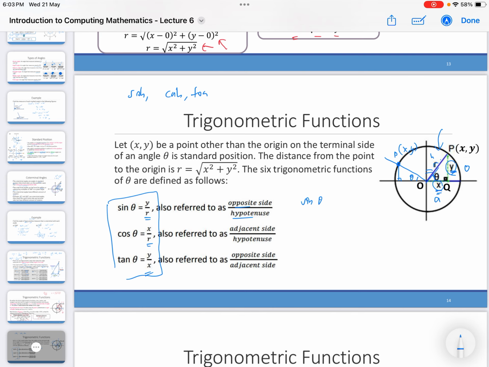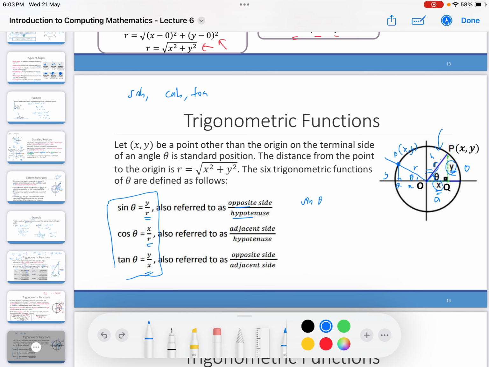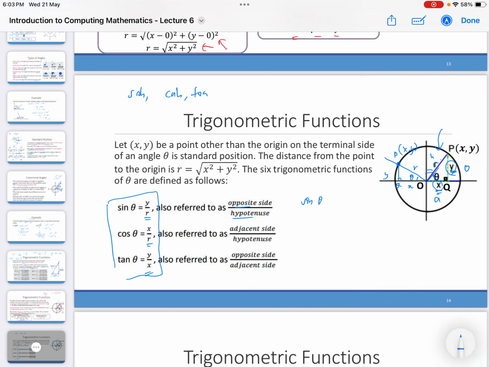It's actually the same thing. Over here, the distance from O to Q will be x, the distance between P to Q will be y, and the distance between O to P will be r. And the same goes for the third quadrant. We can choose this one as P, and the coordinate is x, y.